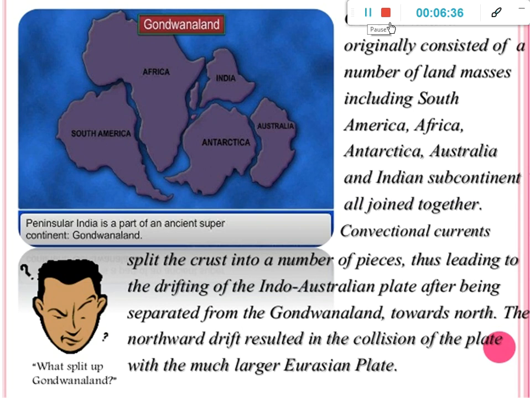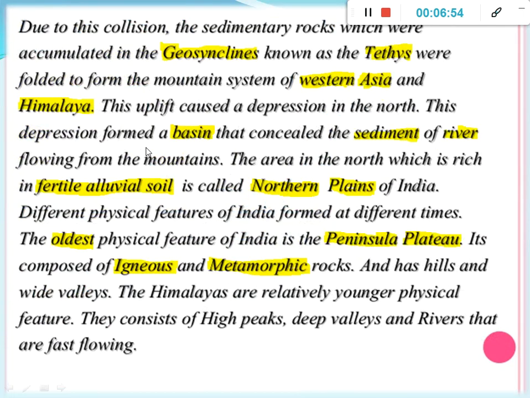And after that, the plates continue to separate. One plate separates from the Indo-Australian plate, from the north side, and then becomes the Australian plate. Then some other plates separate from each other.